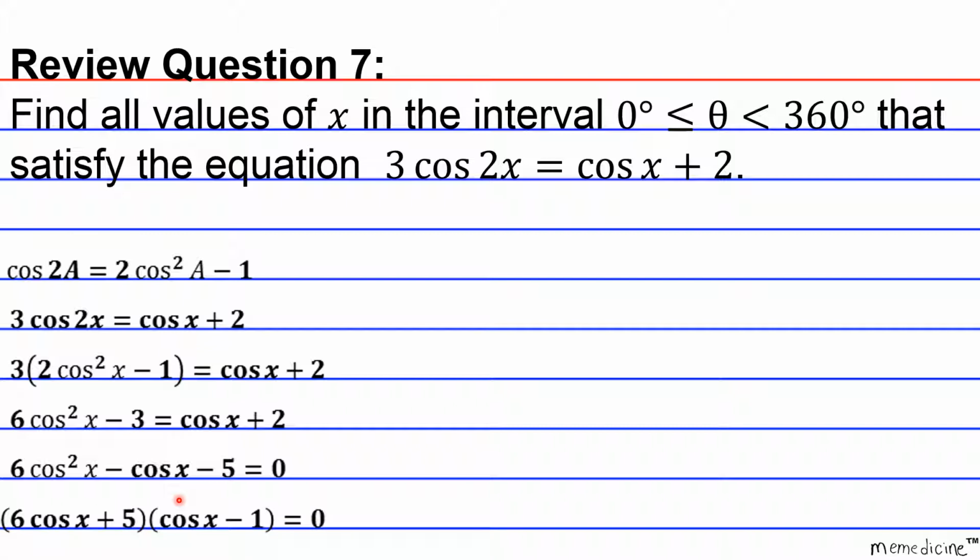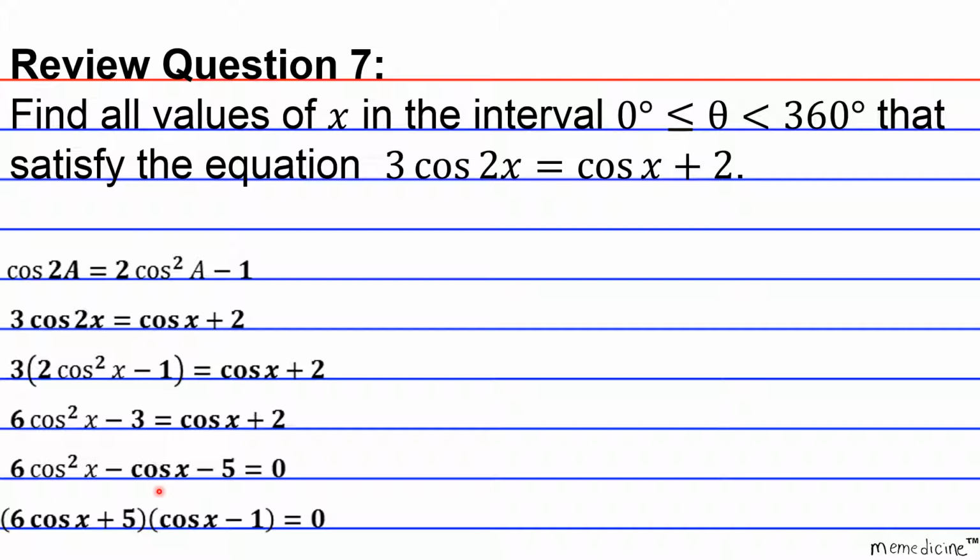And what we're going to get is 6 cosine x plus 5 times cosine of x minus 1. And the way you factor these two things, because the leading coefficient, the a in this, is 6, sometimes people get thrown off when a is not equivalent to 1. First, you look at this number and you ask yourself, what two numbers can you multiply to get negative 5 and add to get negative 1?